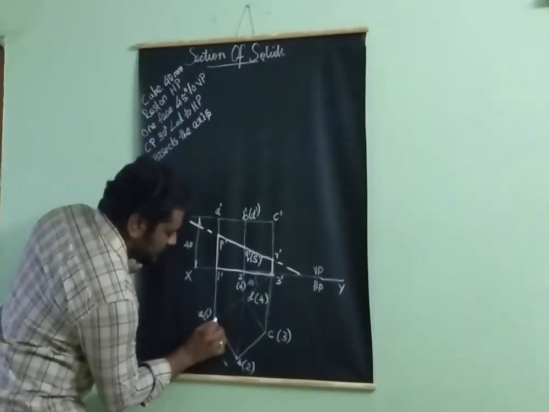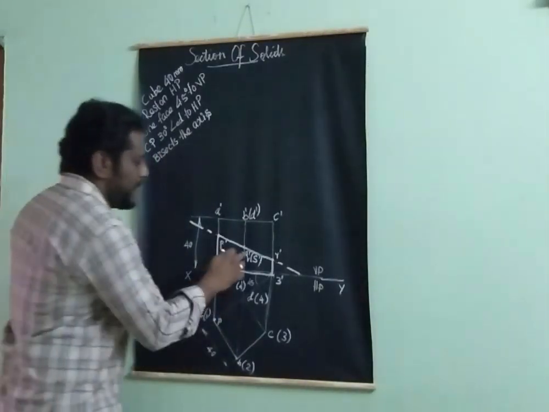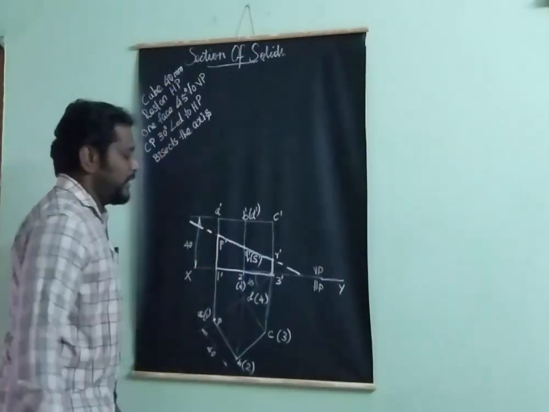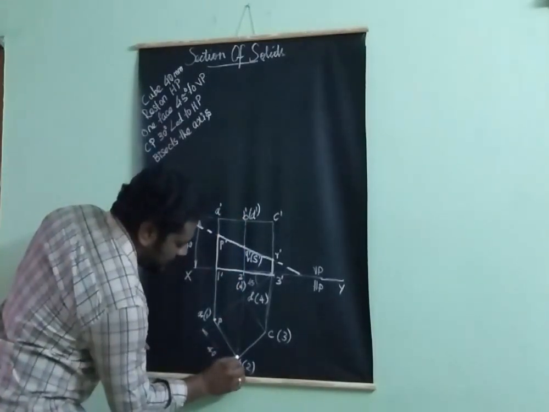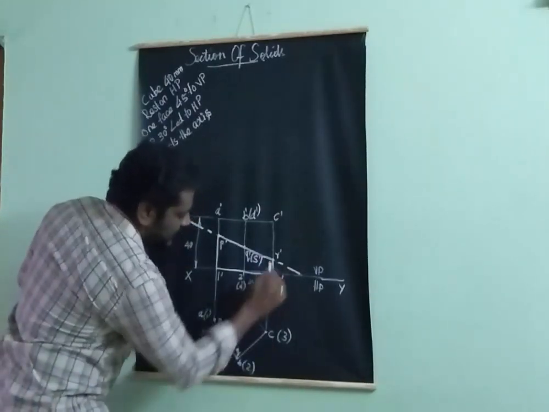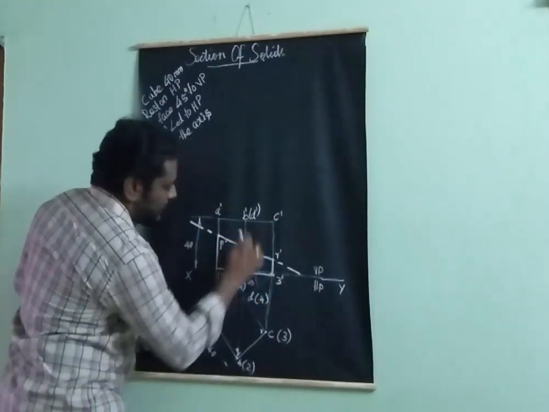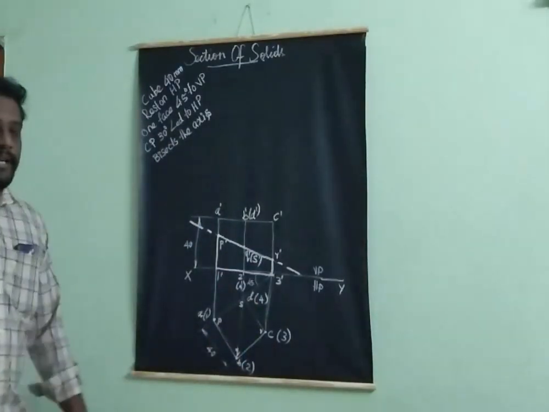So here the cutting point P will come. Similarly, the cutting point Q dash, that is Q, will come on the longer edge 2B. So on 3C it is R, and on 4D it is S. So I mentioned all the cutting points.